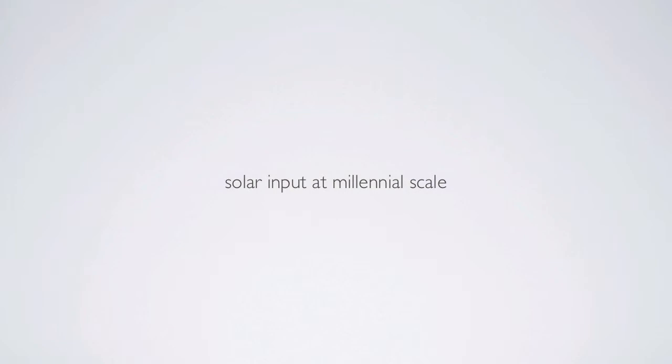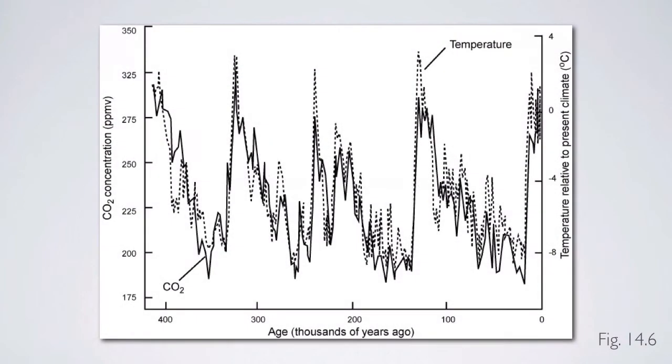Now at the millennial scale, there's differences in solar input that occur, and that drives differences in productivity. So we can see here that there's variations in temperature and CO2 concentrations in Antarctic cores. On the x-axis we've got age, which is in thousands of years, and here's CO2 concentrations.